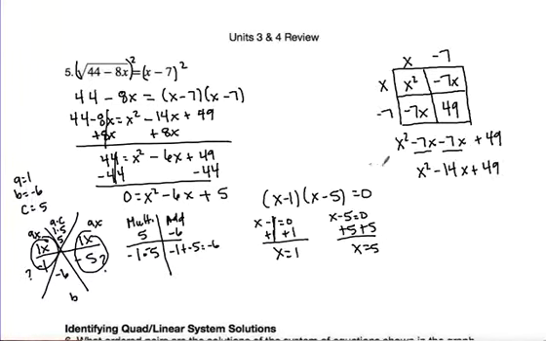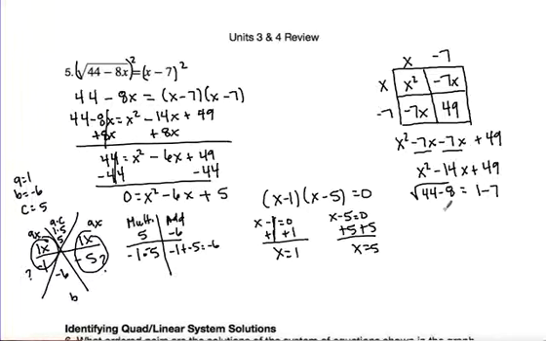But just like on the last example, we always want to check for extraneous solutions. So we're going to take this 1 and this 5, plug them in, and see if they'll work. So when we are checking 1, we're going to say the square root of 44 minus 8 times 1, which would just be 8, equals 1 minus 7.